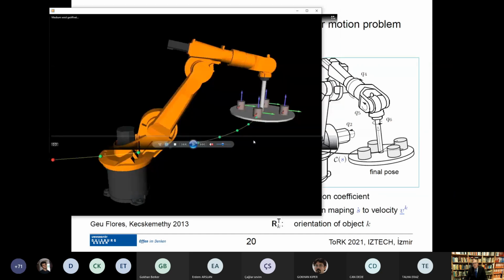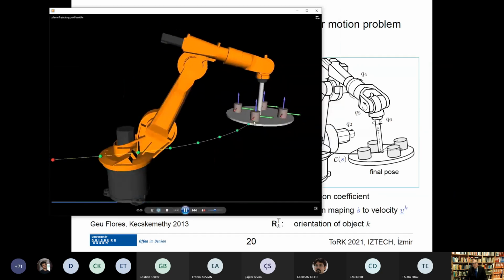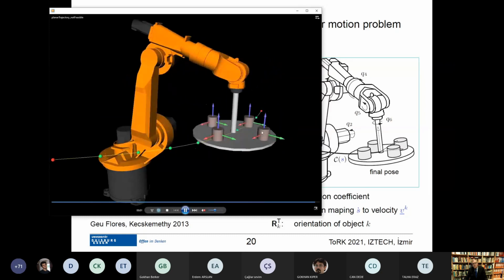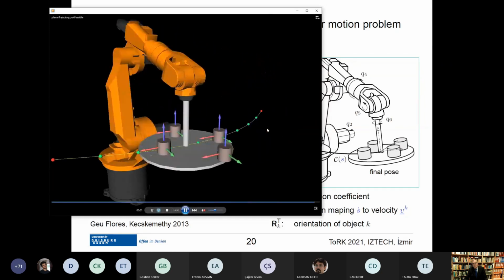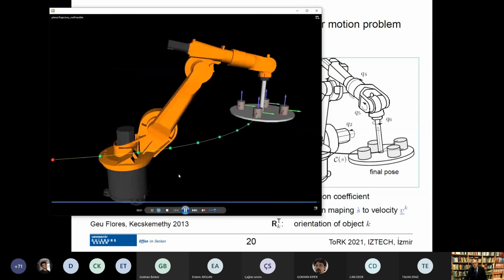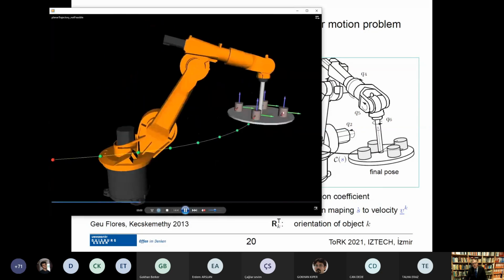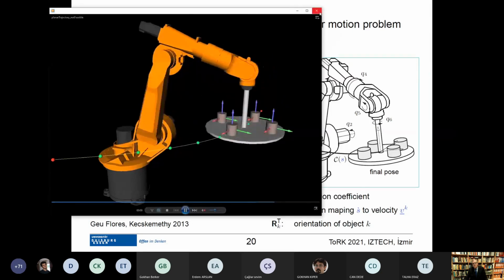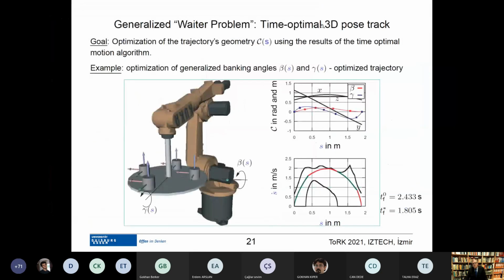And so to give you an example, if you try to move what we call the general waiter program tablet with many glasses on it, then if you move it too fast or accelerate too fast, the glasses will start to slip. So the question is, what is the optimal motion that one could achieve?